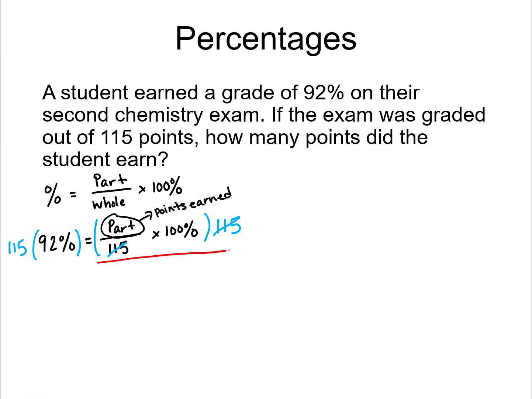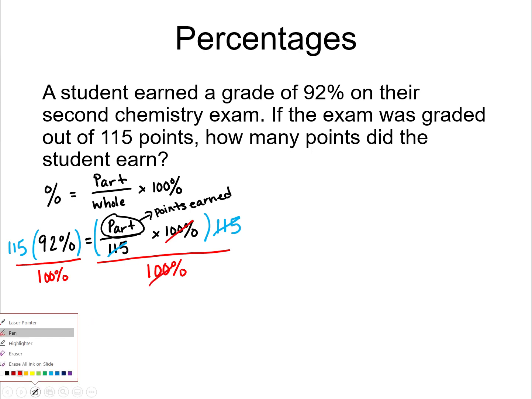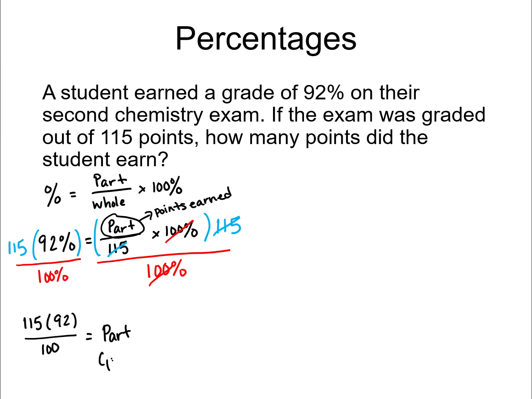We divide by 100%. We get rid of that 100%. And now we've just got 115 times 92 divided by 100 is equal to our part, which is the points earned.